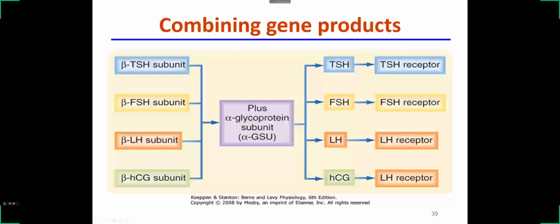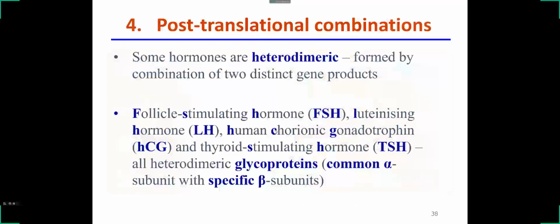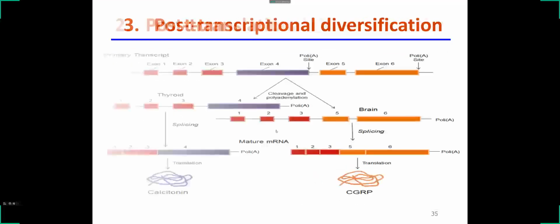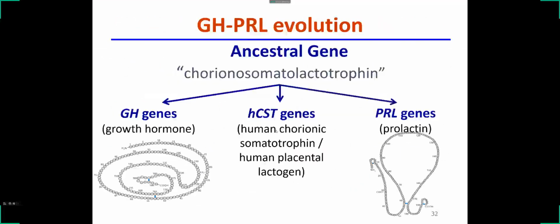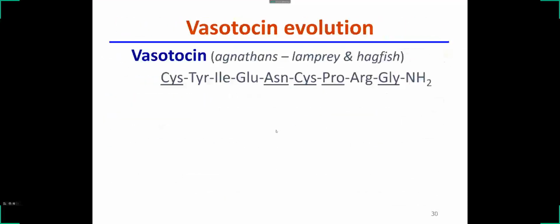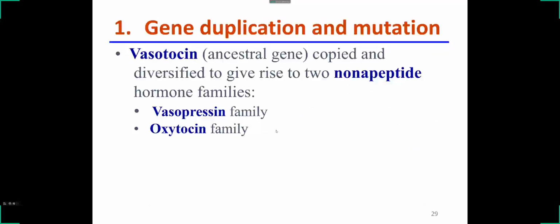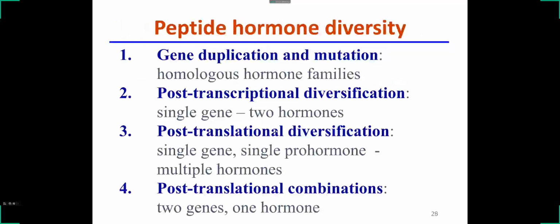Okay, so this is the last example I have for hormone diversification and how we can get different hormones from the same genes. Just to summarize the four different types we've talked about: we've talked about gene duplication and mutation.